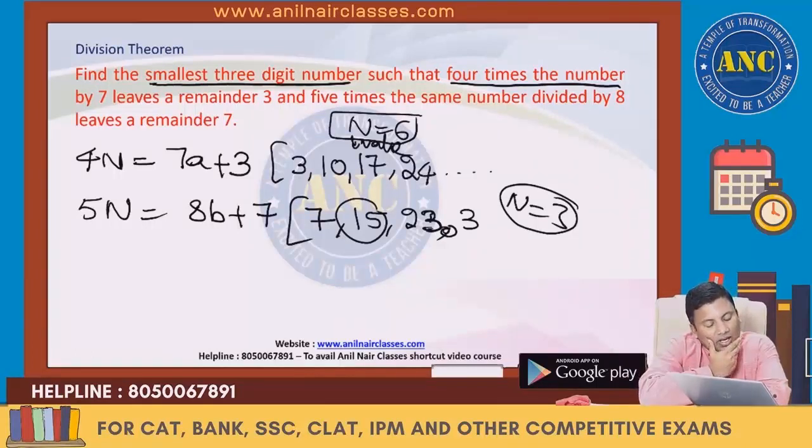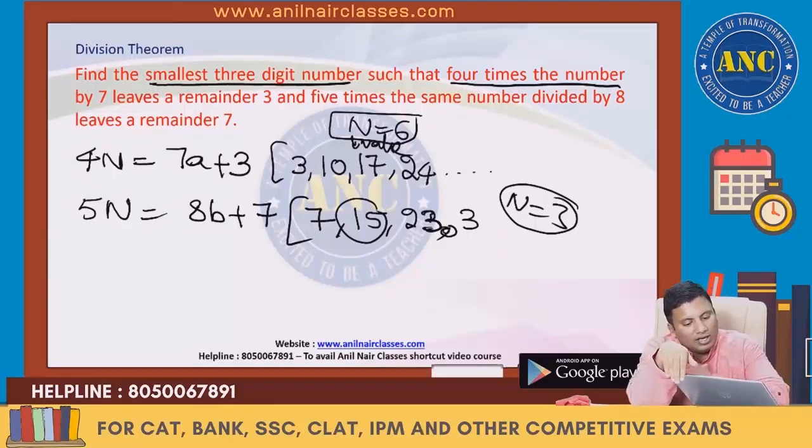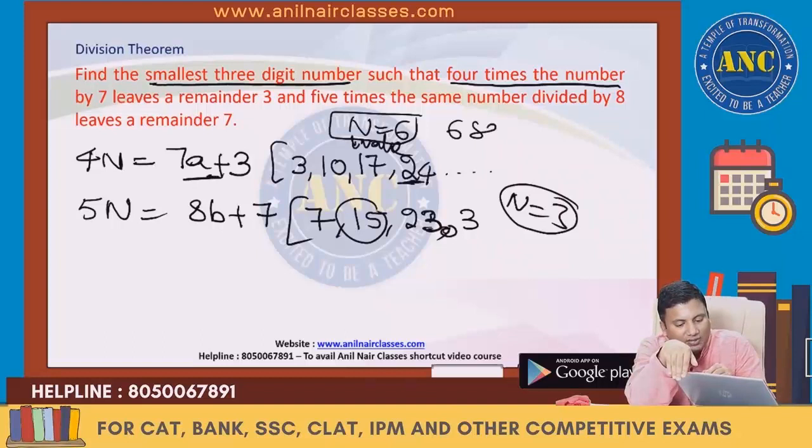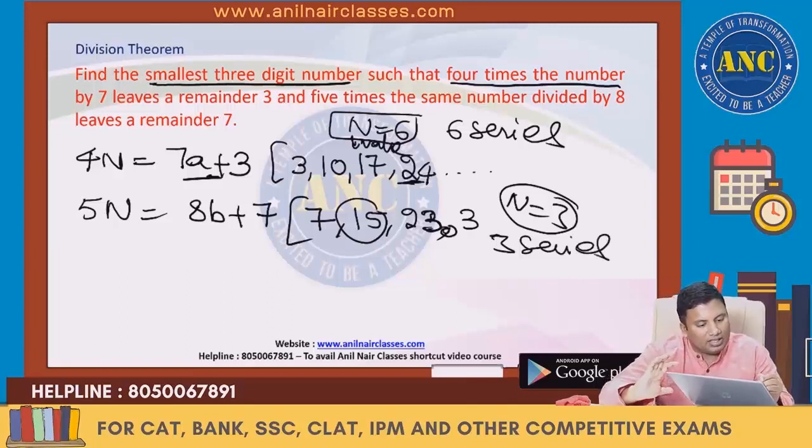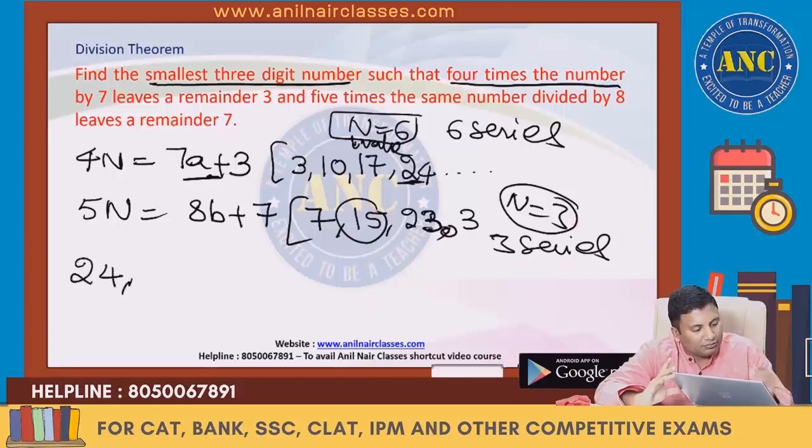Are you with me? 4 times n. I require the multiples of 4 here. Here it is giving 6 series, here it is giving 3 series. N is 6 means 24.